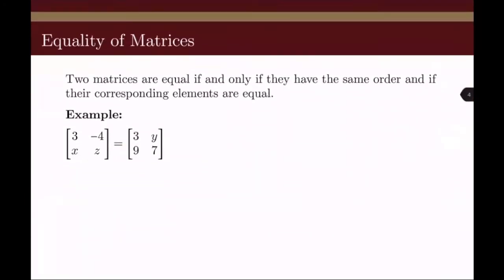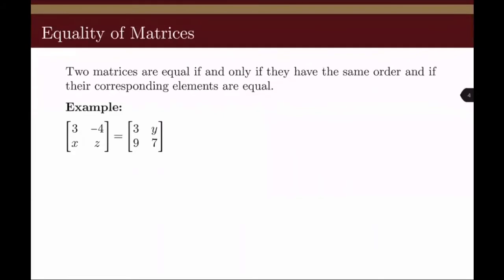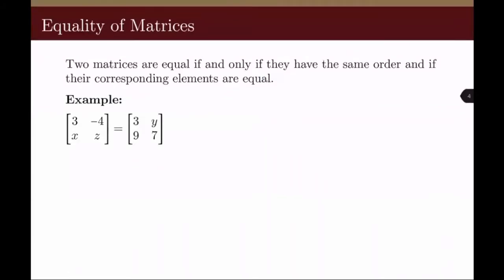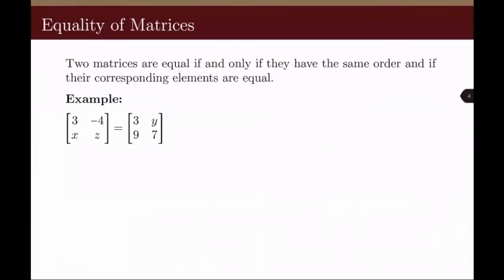So next is going to be equality of matrices, and two matrices are equal if and only if they have the same order and if their corresponding elements are equal. For these to be completely equal, it means every single one of their corresponding elements has to be equal.